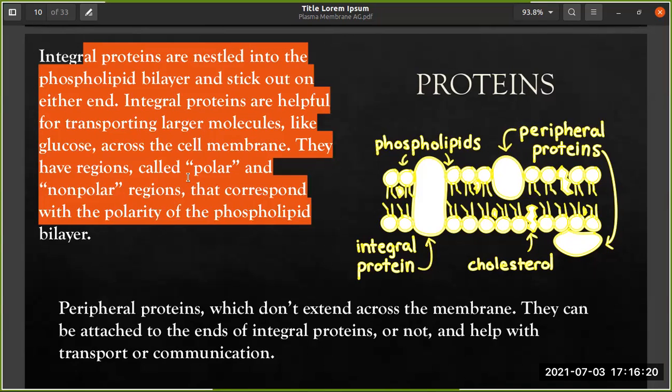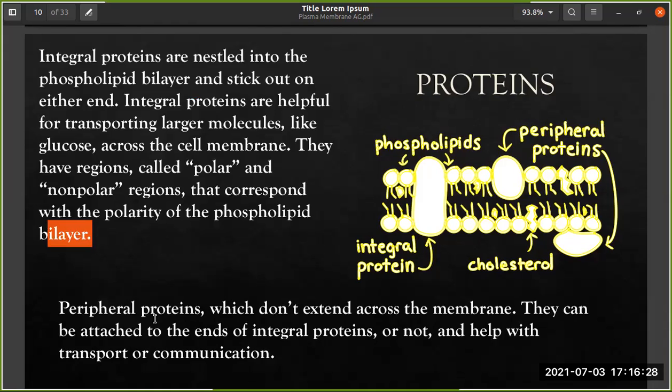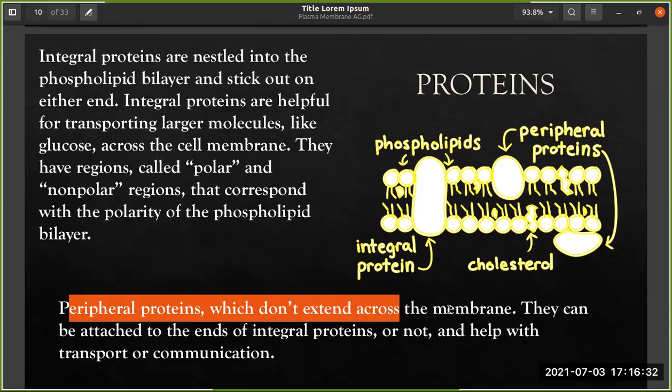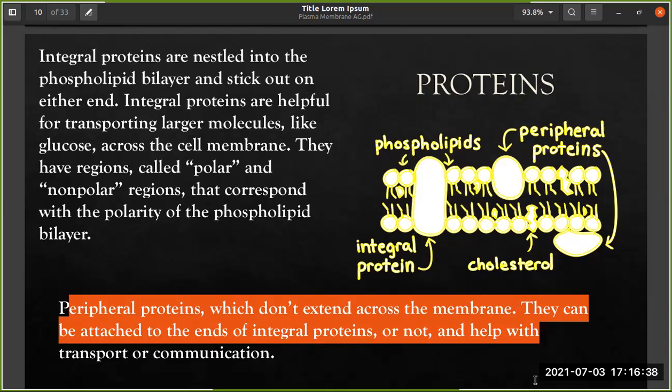They have polar and non-polar regions that correspond with the polarity of the phospholipid bilayer. Then you have peripheral proteins, which do not extend across the membrane. They can be attached to the end of the integral proteins and help with transport or communication.